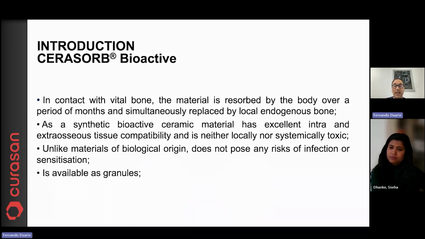And for us as clinicians, we want to be in the best position in terms of safety for ourselves and for the patients, of course. Unlike materials of biological origin, it does not pose any risks of infection and sensitization. That is very, very important also. The safety of our procedures must start with ourselves, our teams, and all the materials that we use.